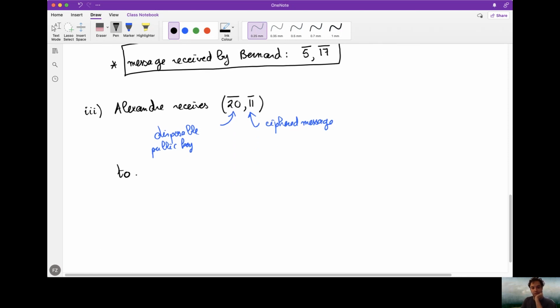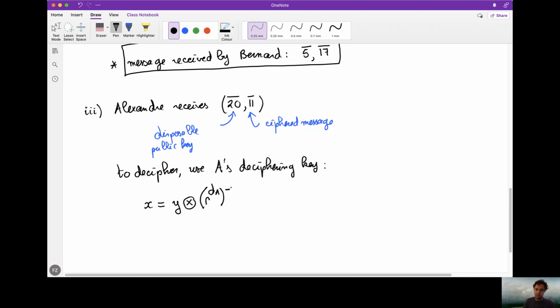To decipher, you have to use A's deciphering key, which is secret and only known to A. So the calculation that we need to do is X is equal to the ciphertext Y multiplied by the disposable key R to the power of A, the deciphering key of A, and the whole thing to the power -1.